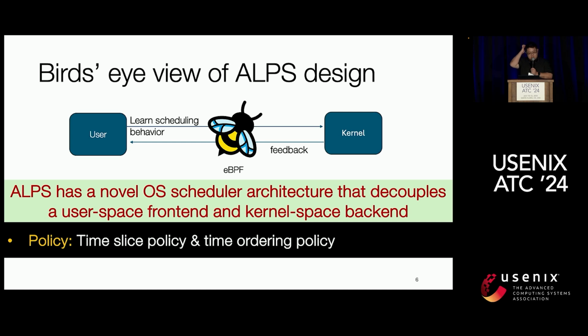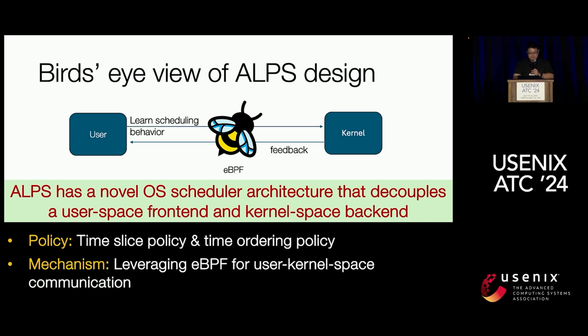The time slice policy determines how long a time slice should be assigned to different functions. The task ordering policy determines the execution order for different function types. And from the mechanism view, we use eBPF to communicate between the user space and the kernel space.